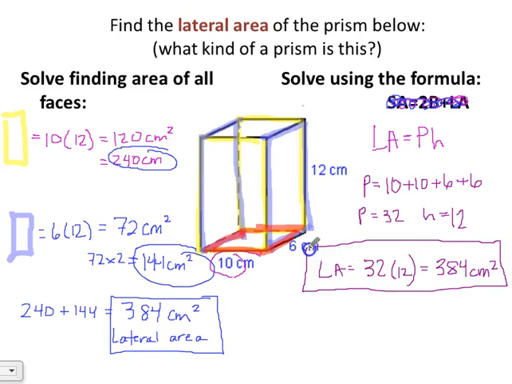So same answer, but two different ways. I just wanted to give you guys two different ways of looking at this and use whatever makes more sense to you. One way of finding the lateral area is just to find the area of each lateral face and add them all together. The second way is using the formula that lateral area equals the perimeter of the base times the height.